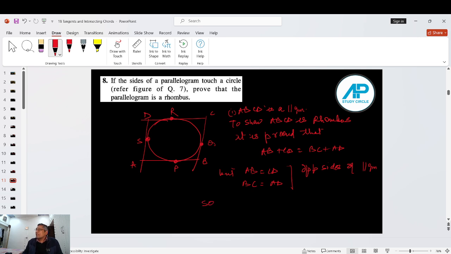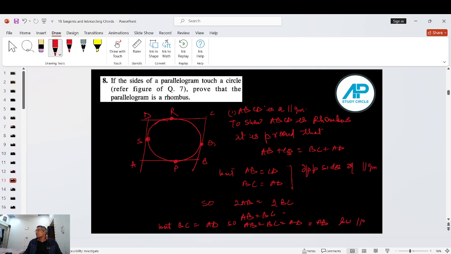So what I can do is replace this CD with AB here. I get 2AB, and I can replace this AD with BC here. I get equals 2BC. So I get AB equals BC. But BC equals AD. So AB equals BC equals AD equals AB.